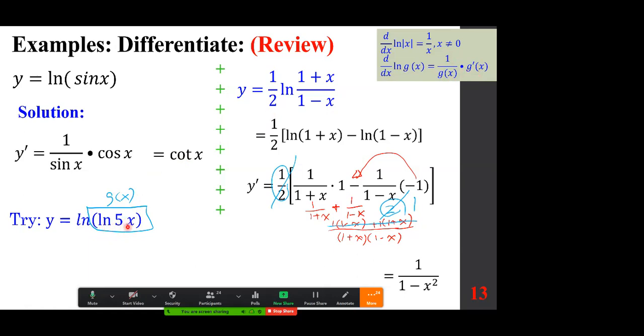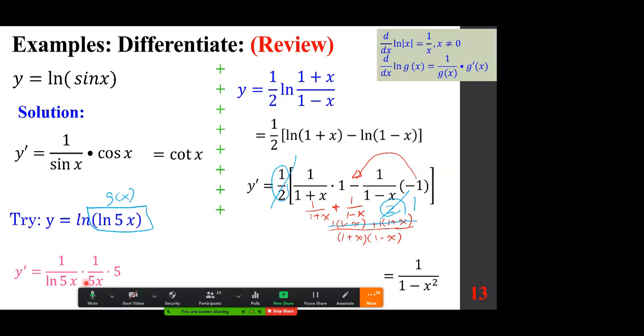What is the derivative of ln 5x? It's 1 over 5x times 5. I hope you see that. By the way, you could write ln 5x as ln 5 plus ln x, but it makes it more difficult. It's easier to just continue the way it is.